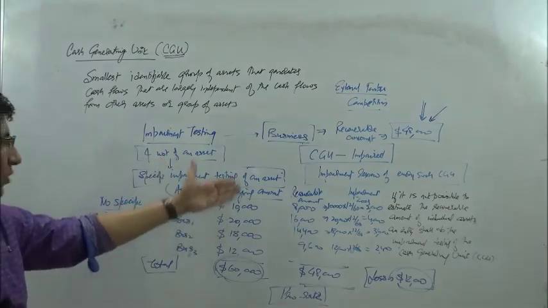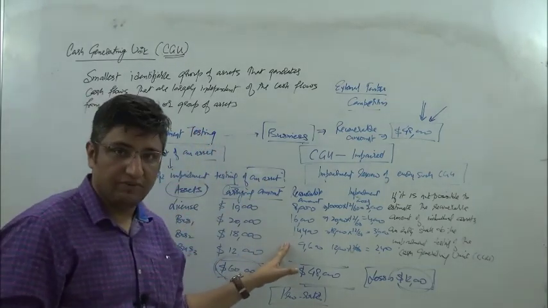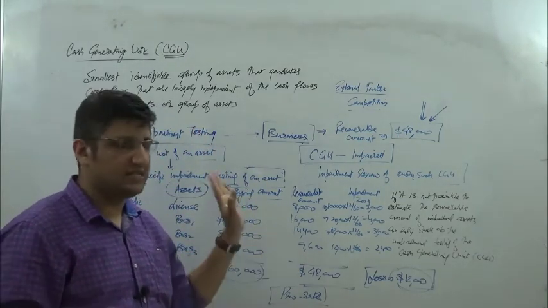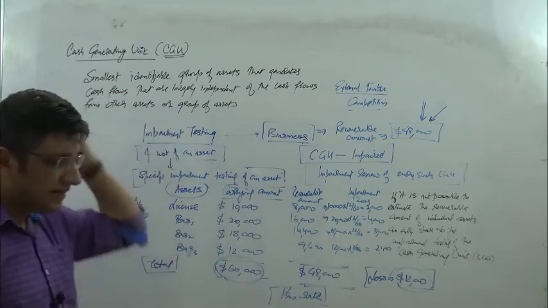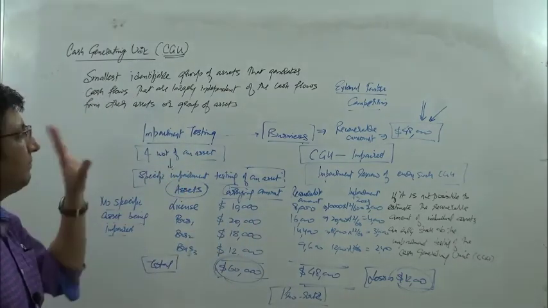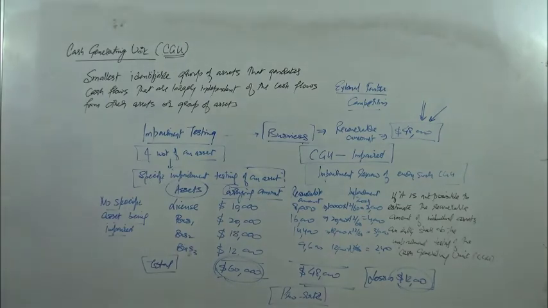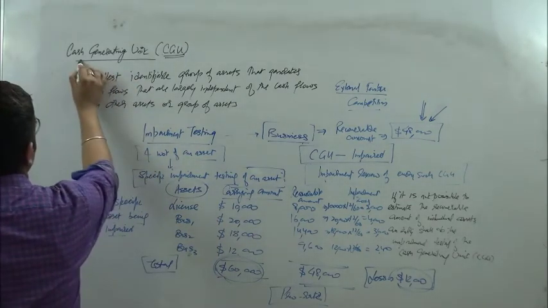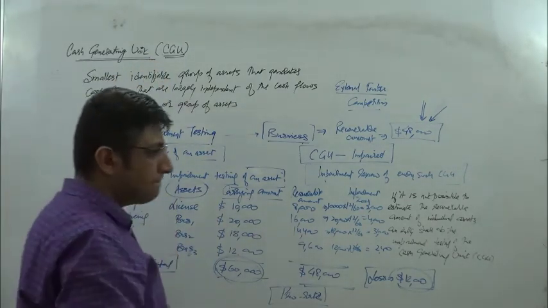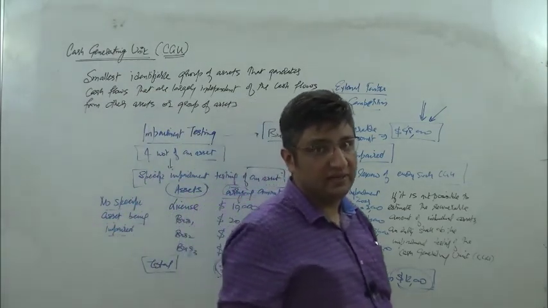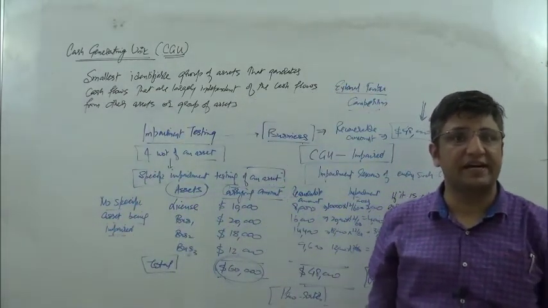My objective was not to talk about how we allocate the losses with respect to impairment for a CGU. That is done here, but that was not the primary objective. The primary objective was to essentially understand what is a cash generating unit, and why do we need to have a cash generating unit?